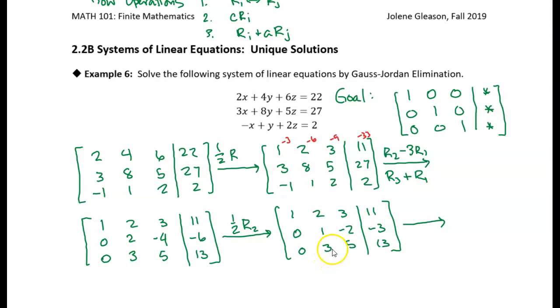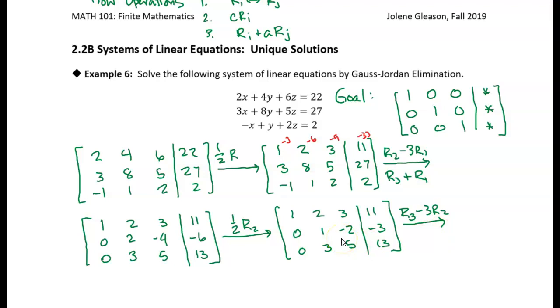So I think what I'm going to do, I'm going to work on this 3 here. So I'm going to take -3 times row 2 and add it to row 3. So row 3, we're going to replace that with row 3 minus 3 row 2.